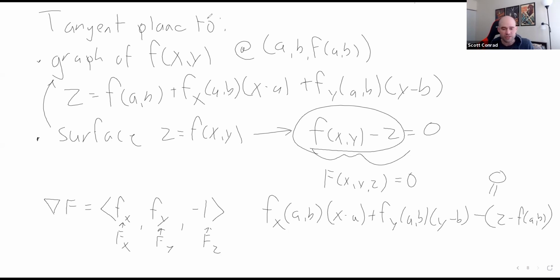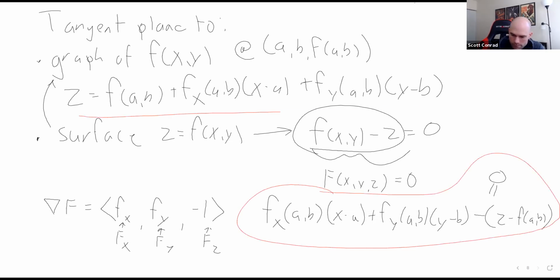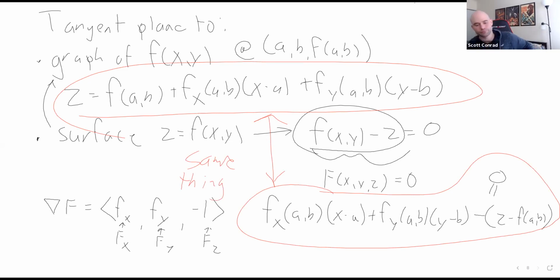And we could just rearrange this to get exactly this formula we learned before. Right, all we're doing is throwing z on the other side.